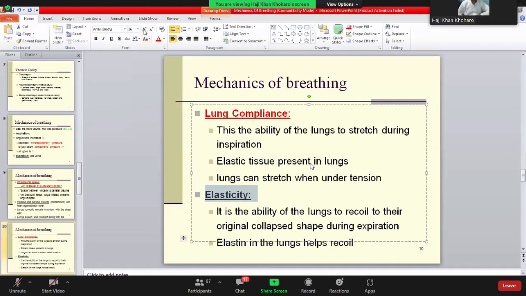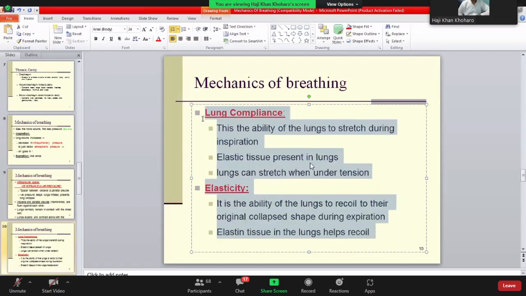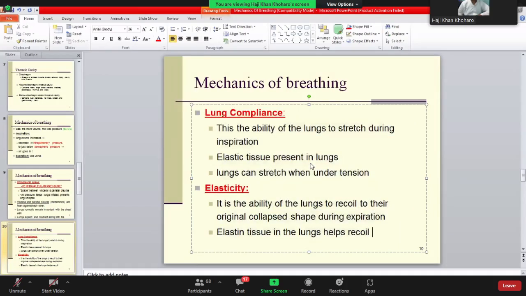Another terminology that is very important in lung mechanics is known as elasticity. Elasticity is defined as the ability of the lung to recoil to their original position when collapsed during expiration. This elasticity occurs because of elastin tissue present in the lungs, and this elastic force is overcome by the negative intrapleural pressure.